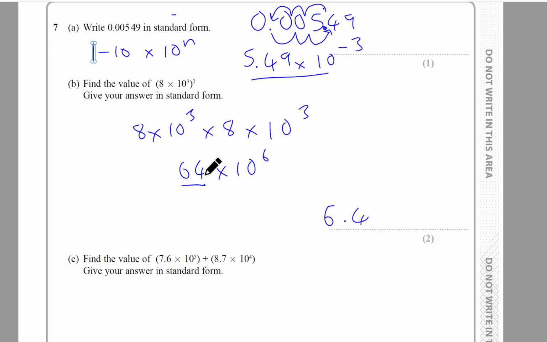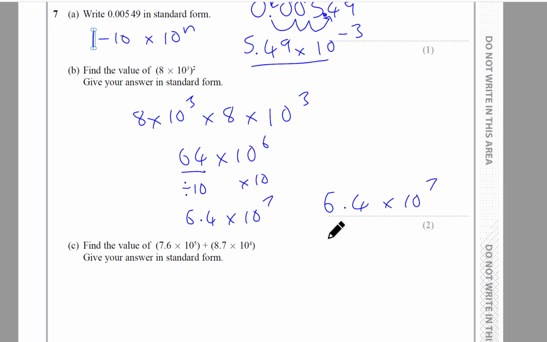We've divided by 10 here to get 6.4, so we need to times by 10 here to make the number the same and to write this in standard form.